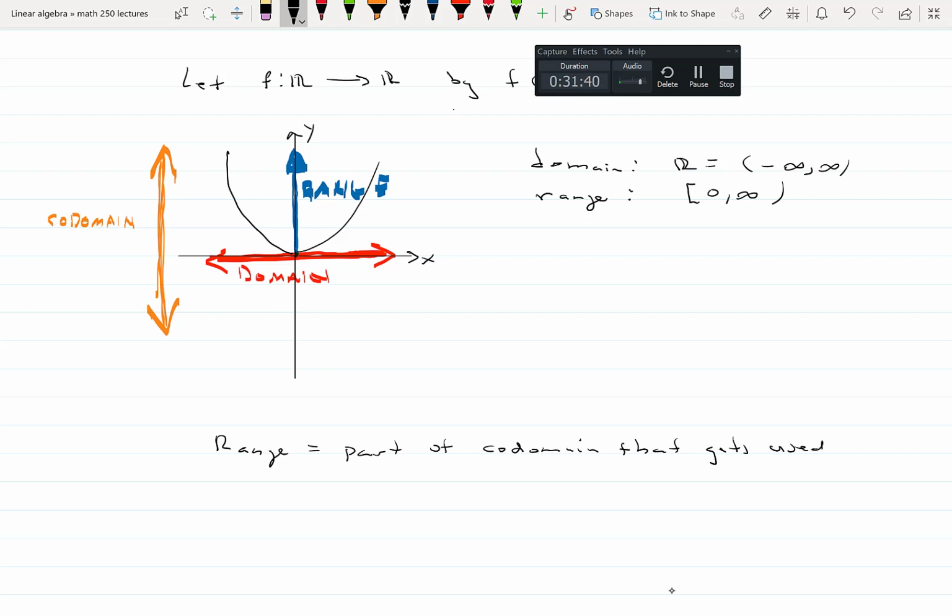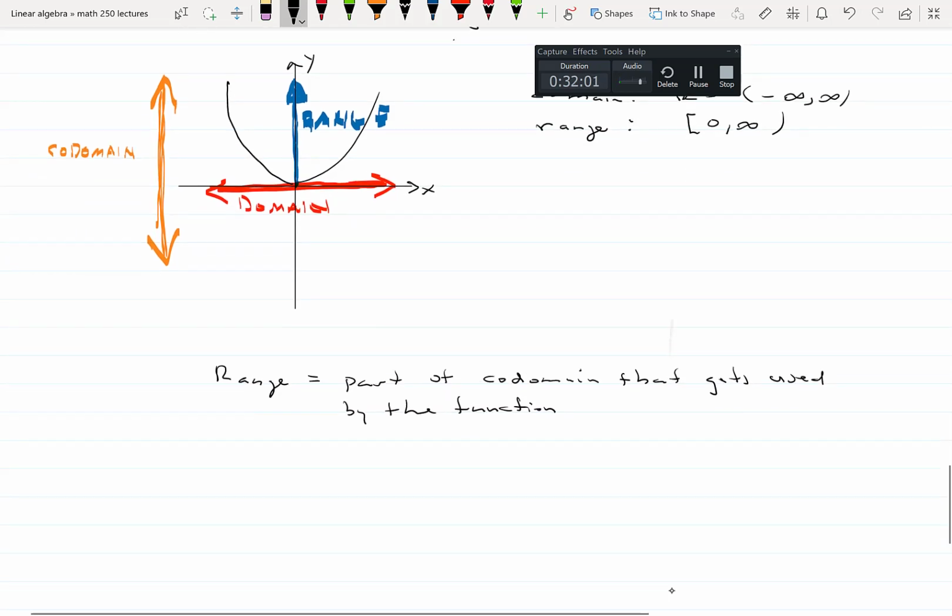I like that's the way that works out. Y equals x squared ends up as a real number, but only the non-negative real numbers get used up. And that's the range.